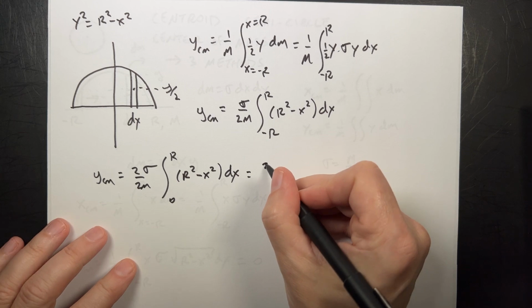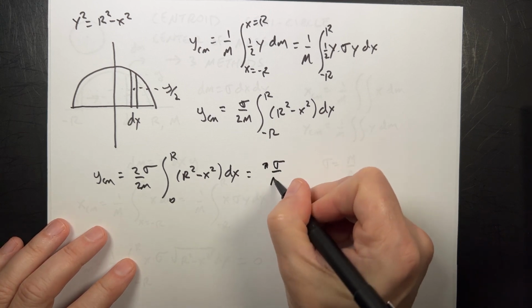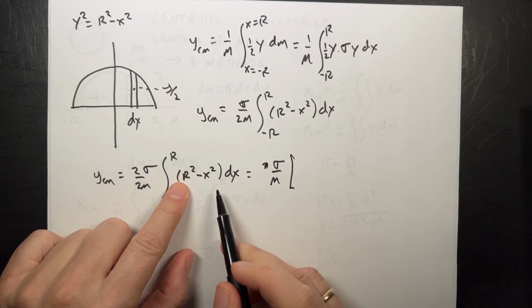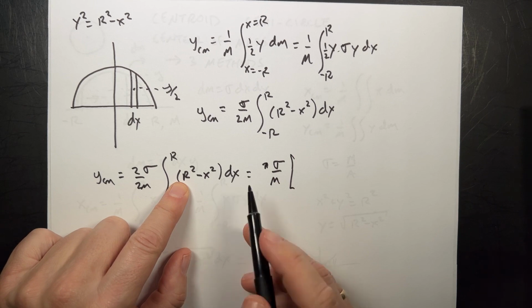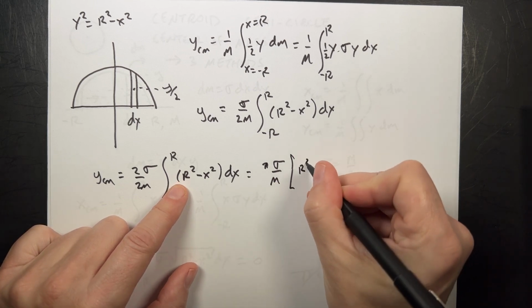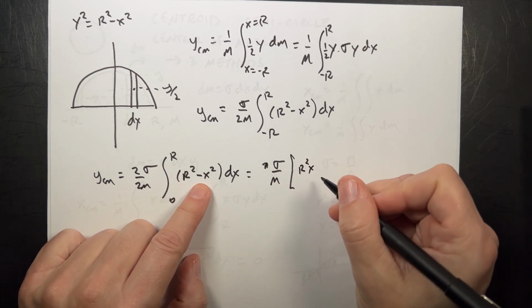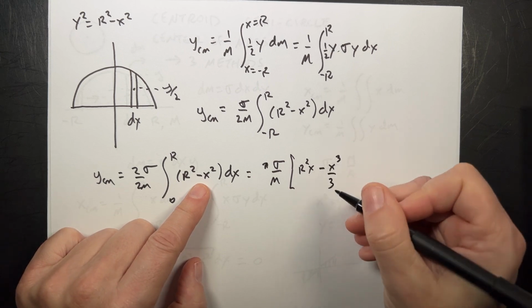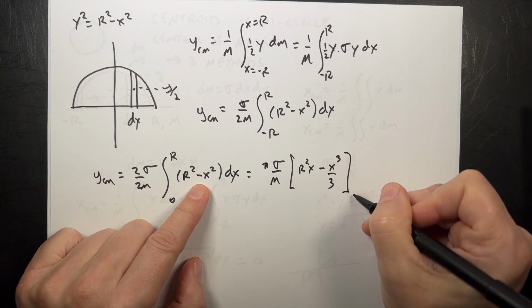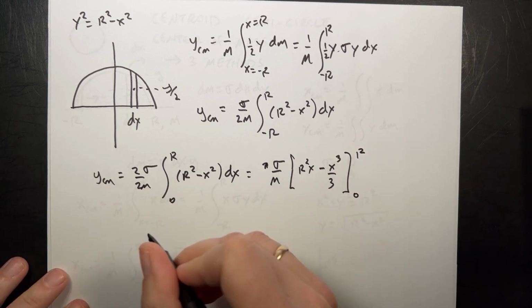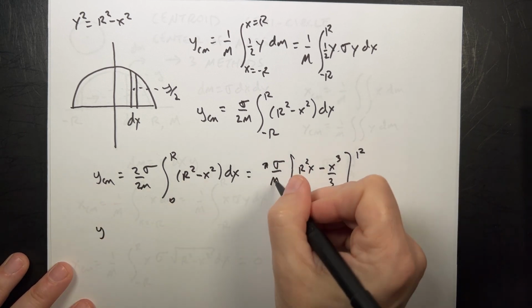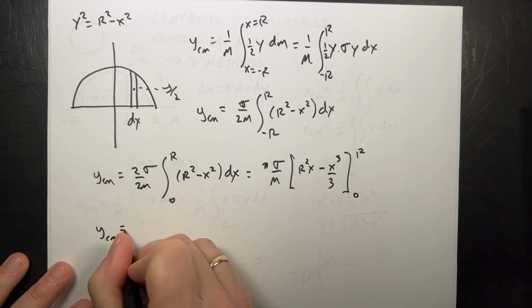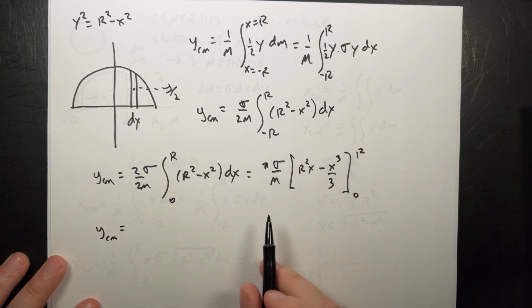So the 2's cancel right there. So I get sigma over m. And then the integral of r squared dx is just going to be r squared x. And then the integral of x squared is going to be minus x cubed over 3. And then I need to evaluate that from 0 to r. So I had the m. Y center of mass, I always forget that m. That's why I just said, wait, I didn't have my m.